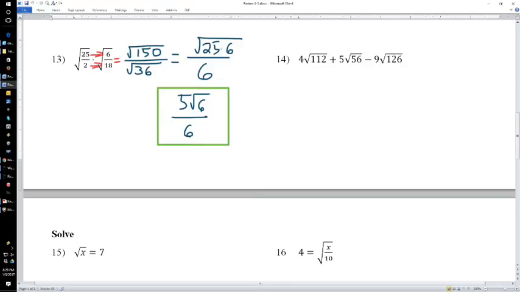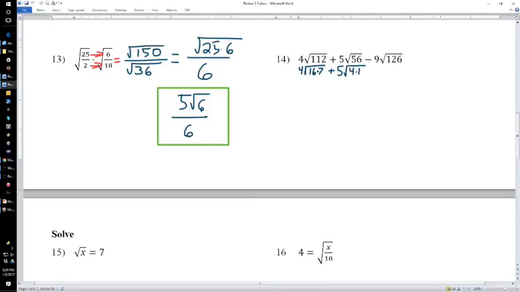So let's do this. 4 on the square root of 16 times 7 plus 5 on the square root of 56 divided by, give me a second, 56 is 4 times 14.